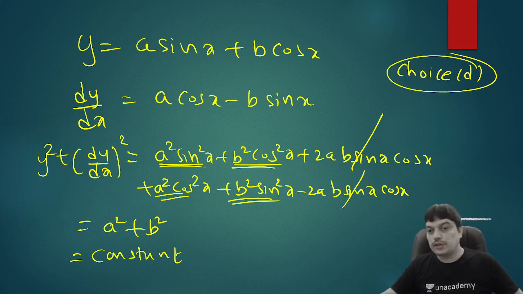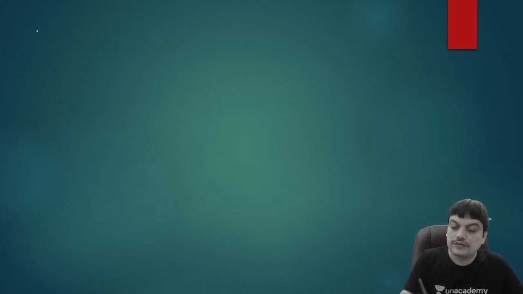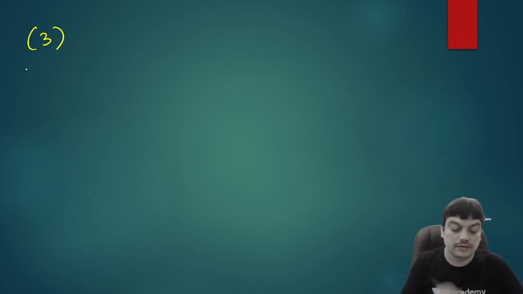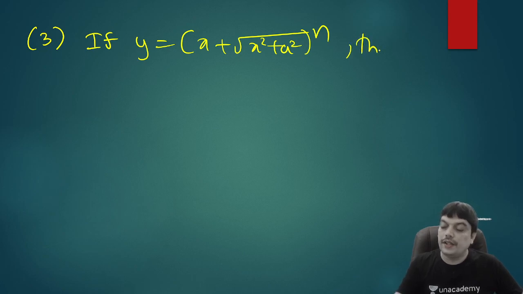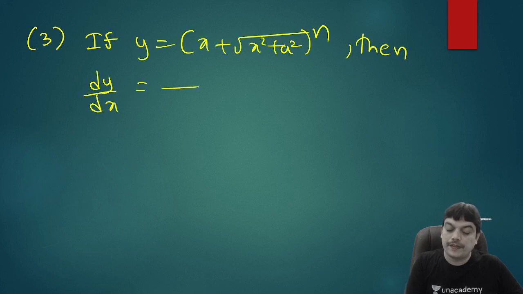I hope all of you understood the problem. Now let's go to the third question. If y is equal to x plus root of x square plus a square, whole power n, then you need to find out the value of dy by dx. So let me write the options here.